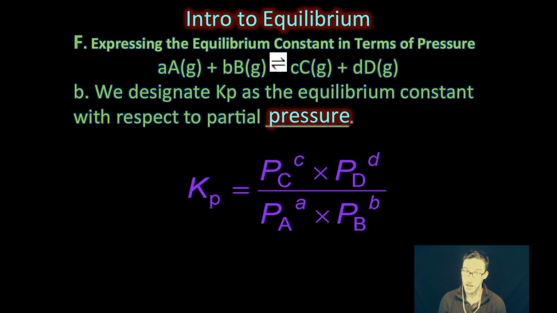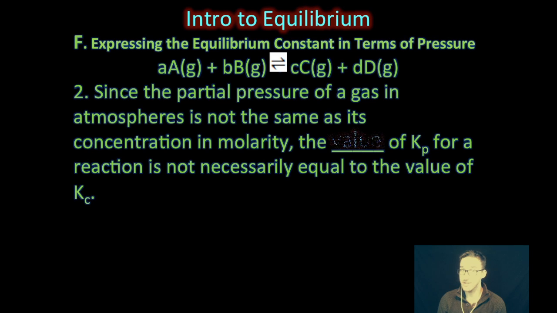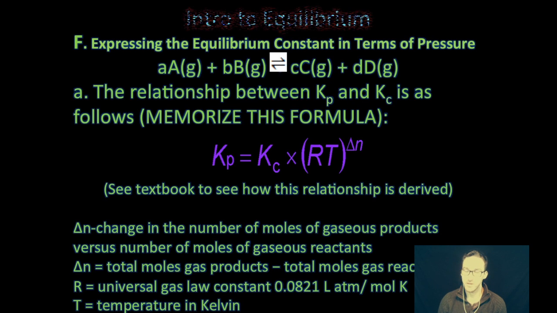Notice Kp. However, since the partial pressure of a gas in atmospheres is not the same as the concentration in molarity, the value of Kp for a reaction is not necessarily equal to the value of Kc. The relationship between Kp and Kc is provided on your screen in your notes there.